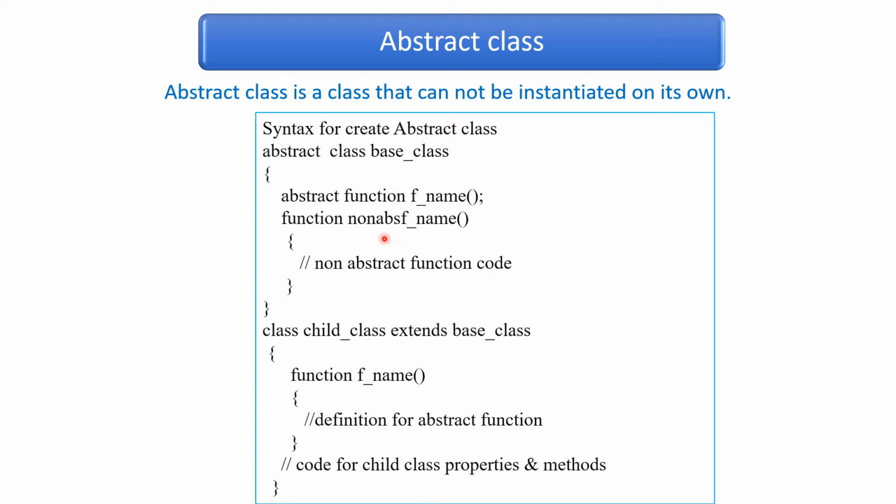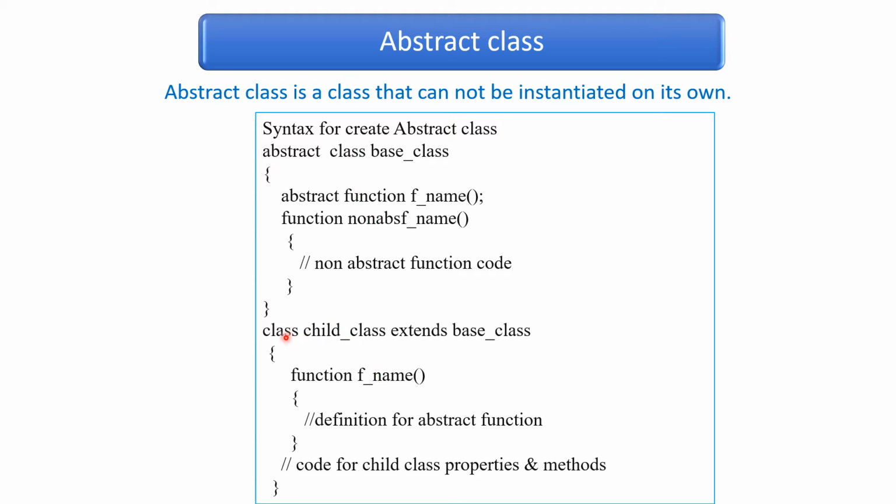For a non-abstract function, you use any access specifier, then the function keyword, then the function name, and the definition. One important point: an abstract function in the abstract class has no definition.